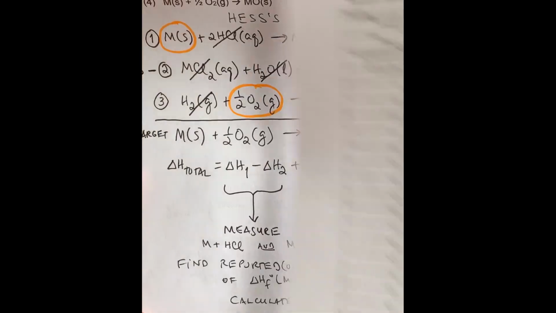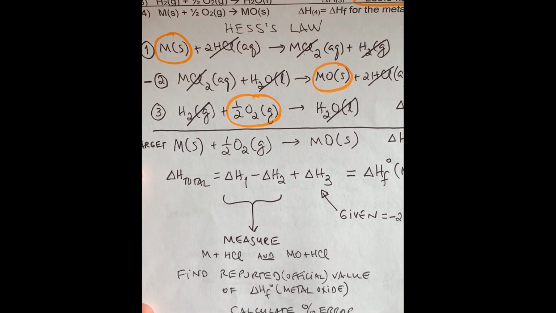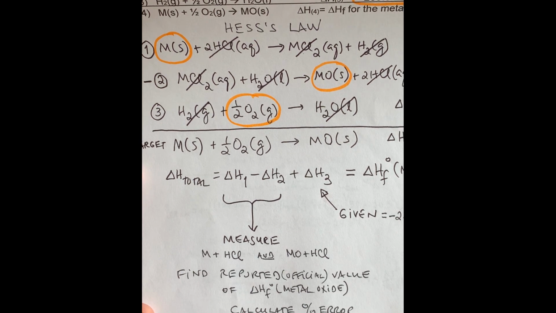So percent error. What is the error when you compare your value of delta HF with the one that's in your either textbook or Google? Make sure that on your lab report you tell us what was the source for the value that you use as the reported or official enthalpy of formation.